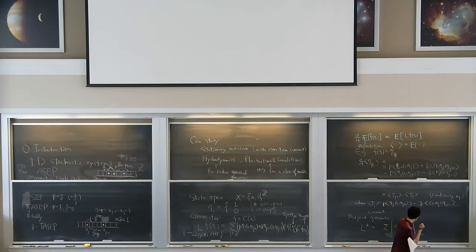Okay, so you're not so used to it, right? So we suppose that at each site we have a two-dimensional state space, a linear space, in which an empty site corresponds to (1, 0), and an occupied site corresponds to (0, 1), right?